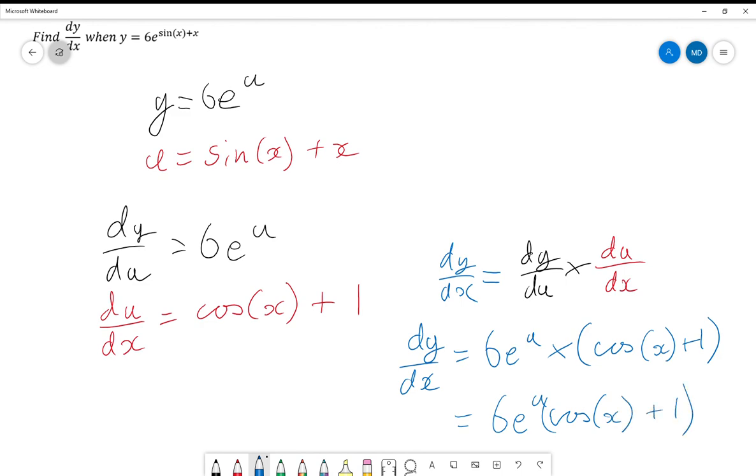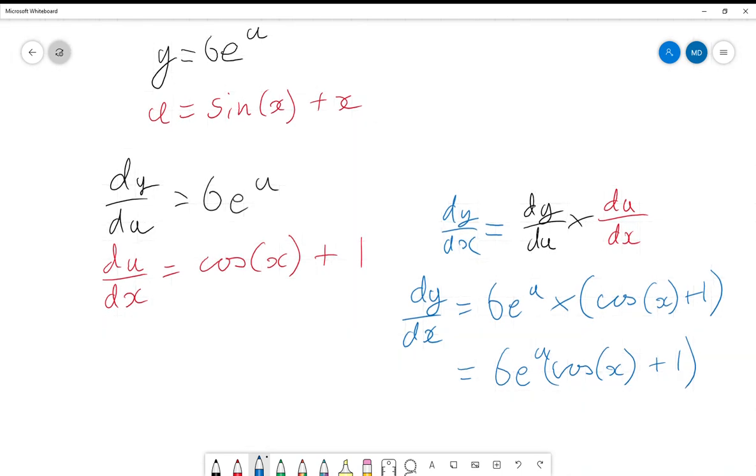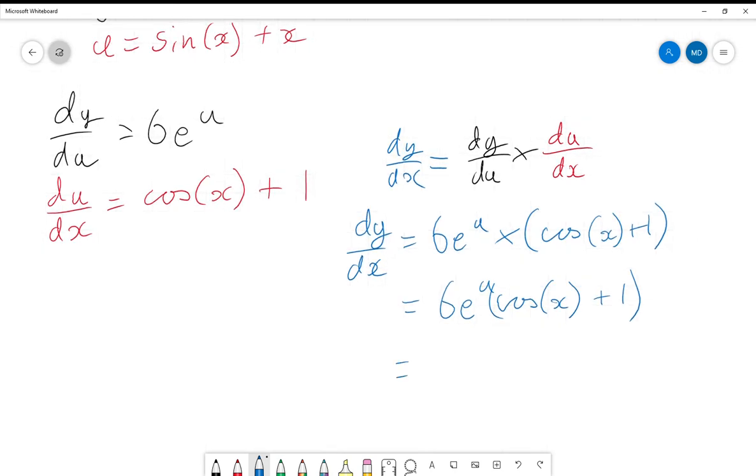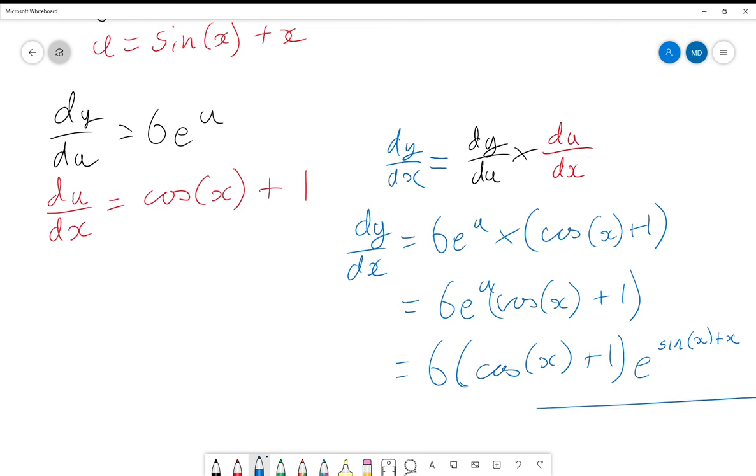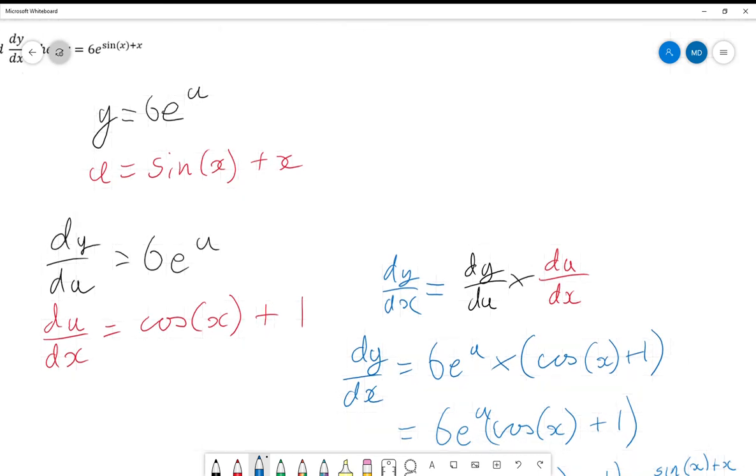We're almost done, except we need to remember that our u is sine x plus x, so this is actually equal to 6 lots of, I'm going to move the brackets to the front to make it slightly easier to view, cosine x plus 1 times e to the sine x plus x, and we're done. That is your answer to that one. It's a complicated function, but actually not too difficult a process.